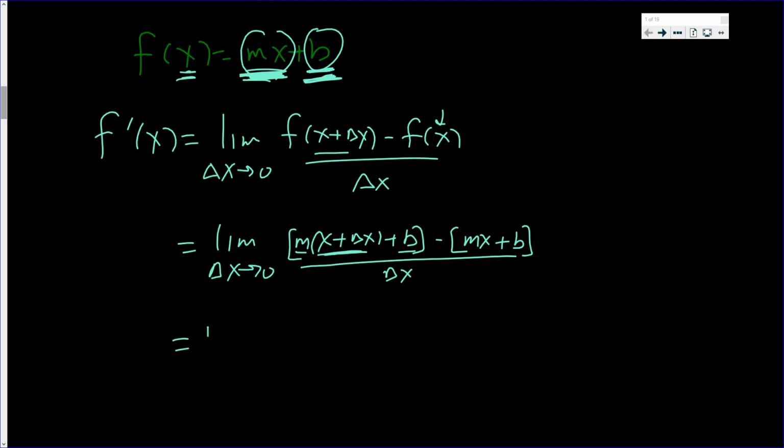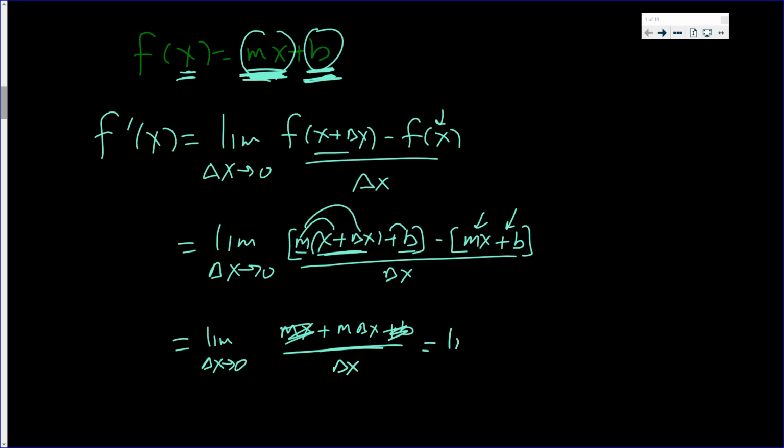Now this is the limit as delta x goes to 0. You have mx plus m delta x plus b, and I'm to take away mx, which I did, and take away b, which I did, and I divide the result by delta x. So just to be clean, let's write this down. Right now we have m delta x over delta x.